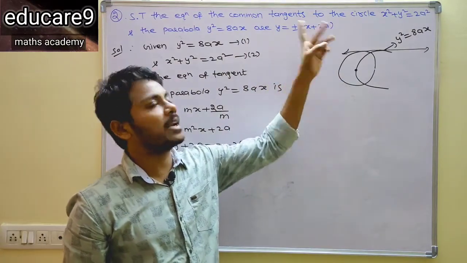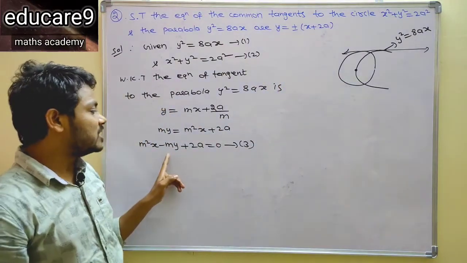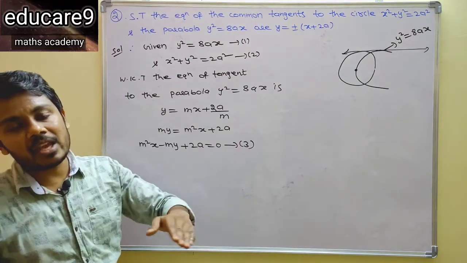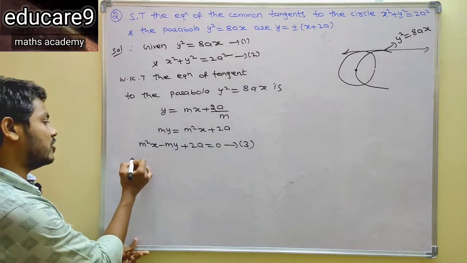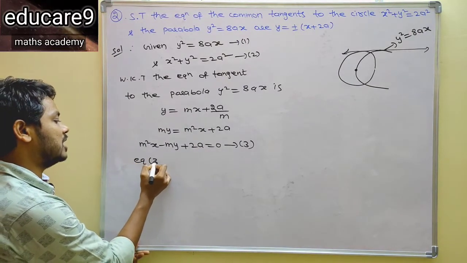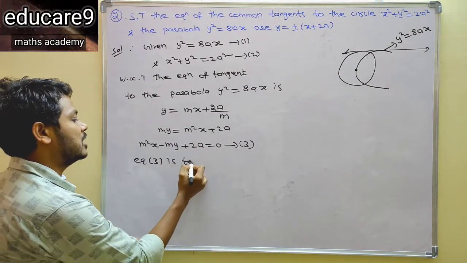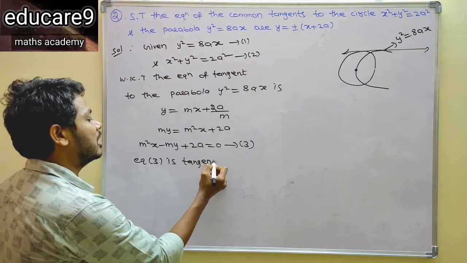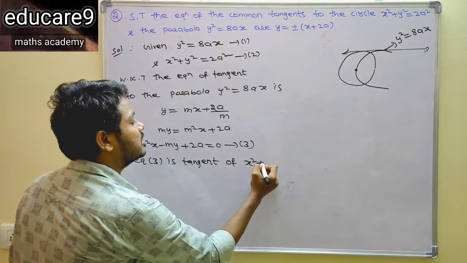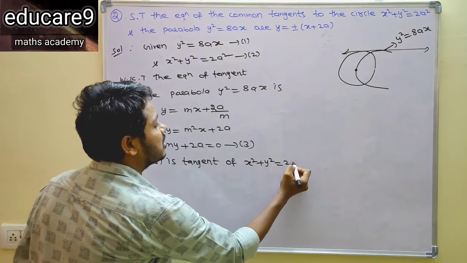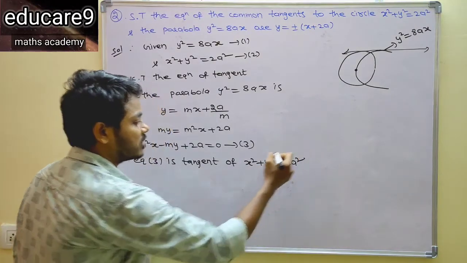Y is equal to plus or minus x plus 2. So clearly this is the tangent of the parabola as well as circle. So therefore equation 3 is tangent of circle, that is x square plus y square is equal to 2a square.